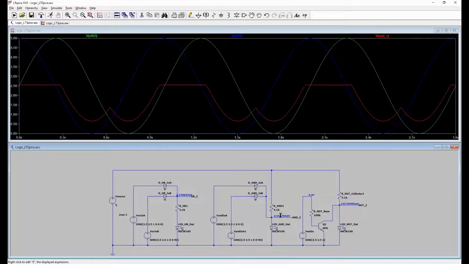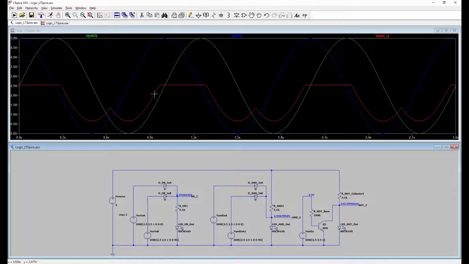So for now, if we take an arbitrary condition of if the output is above 2 volts, which keeps us away from this little knock when it's low, and gives us a little half volt headroom on the high.